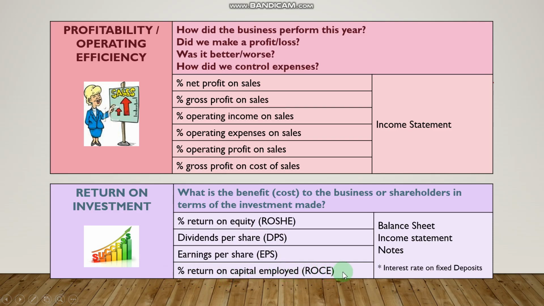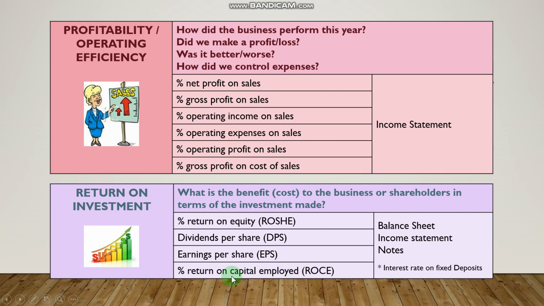Return on capital employed. I just wanted to point out here that this really does not belong to the category of return on investment, because as the term capital employed says, it's not only the investment in the business by the shareholders, it would also include the non-current liabilities, the loans.